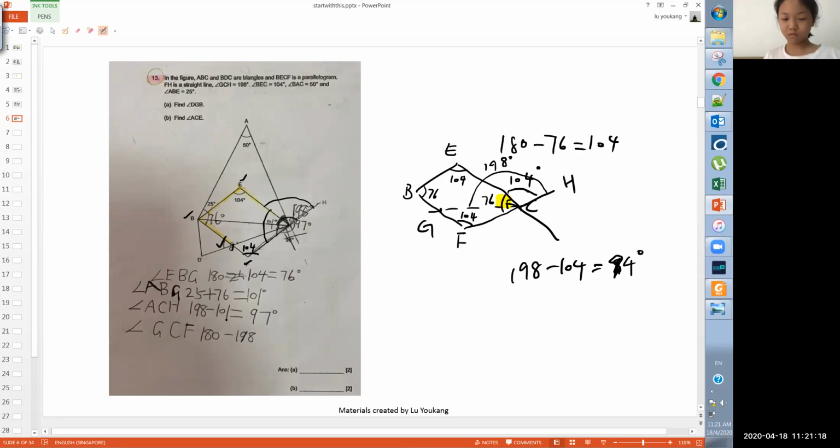So in order to find here, you need to, oh, okay. Wow, this question is, can you tell me which paper is this? I want to get a clean question. If not, it's very hard to see. Raffles Girls. Okay, let me go and get it.